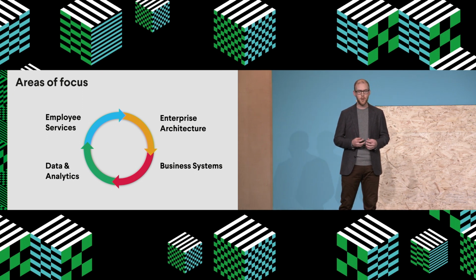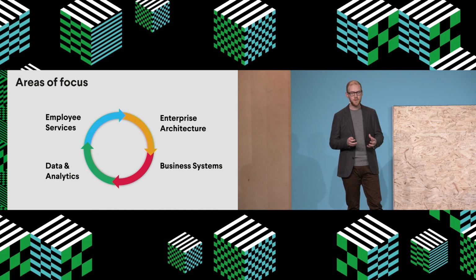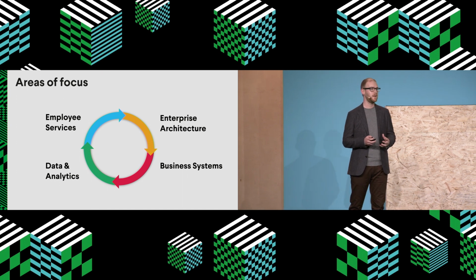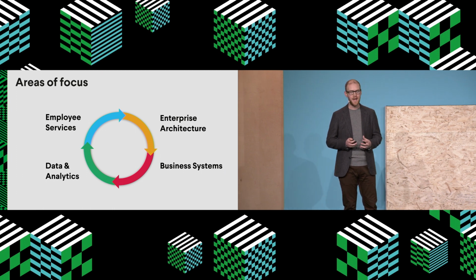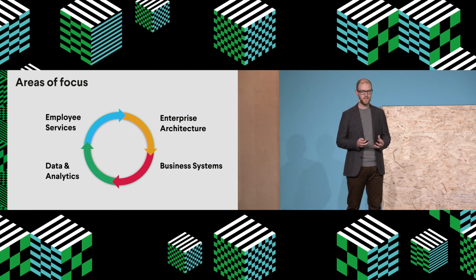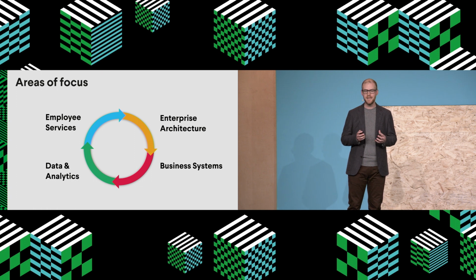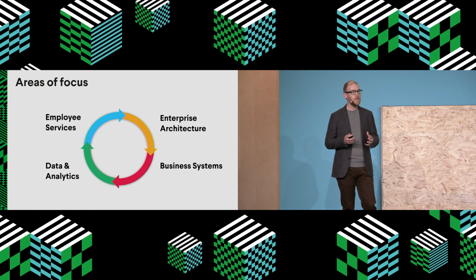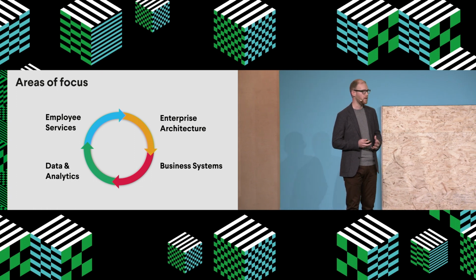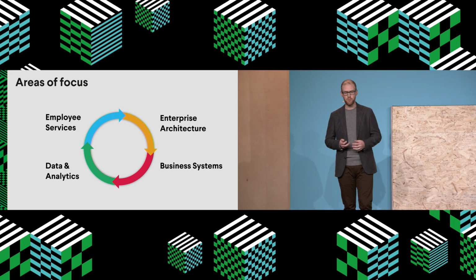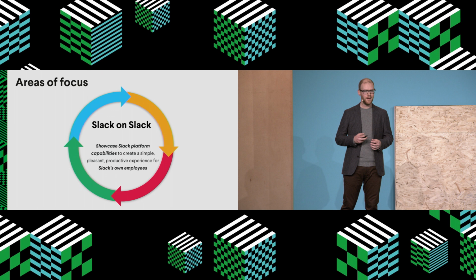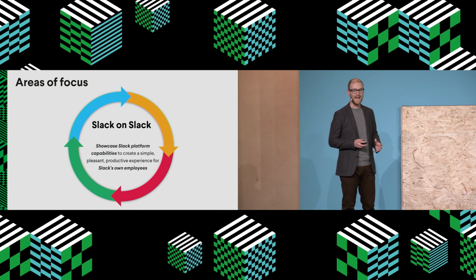Third, our business systems, the services that keep the company running, such as our HR platform, our financial management software, and our sales enablement suite. And finally, data and analytics, ensuring that Slack employees have high quality and accessible data to inform decisions and drive priorities. At the core of all of this, though, is Slack.